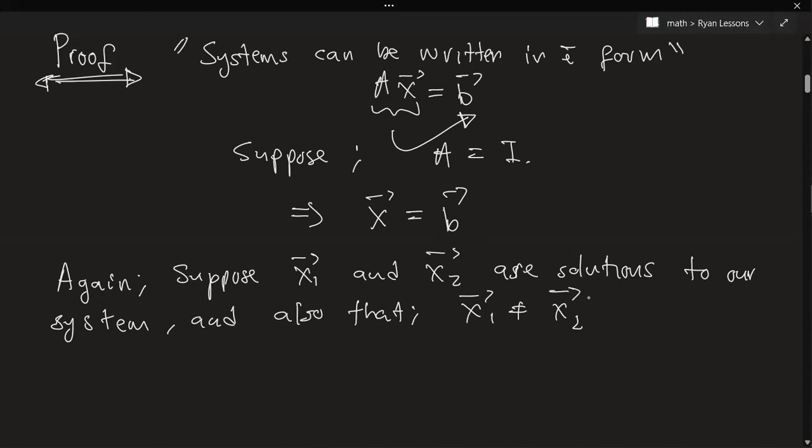Now I'm going to look at the most important problem that we want to solve: trying to show that it is impossible to have only two solutions. Two solutions will imply infinitely many solutions are possible.